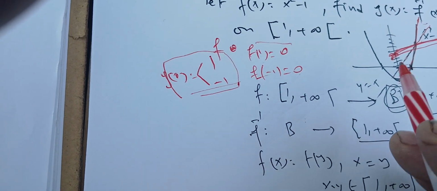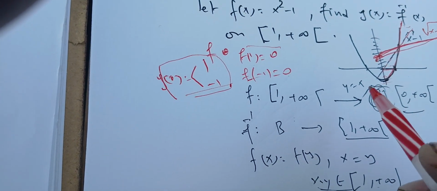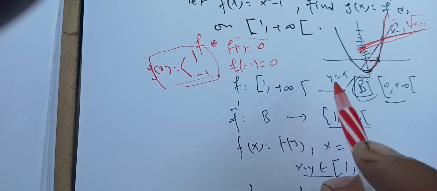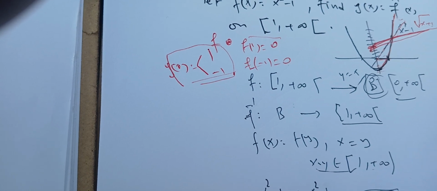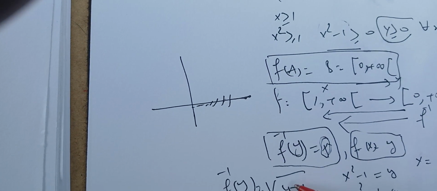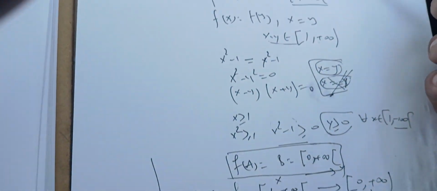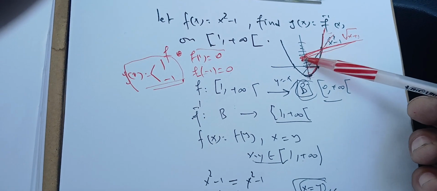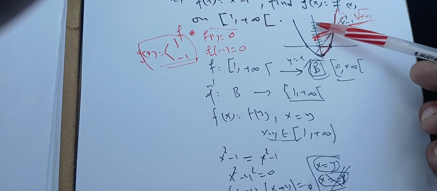To show that f has an inverse, we need to prove two things: that f is injective and that f is surjective. And the reason why we switch back x and y is this: f inverse used to have the domain here and the range here.